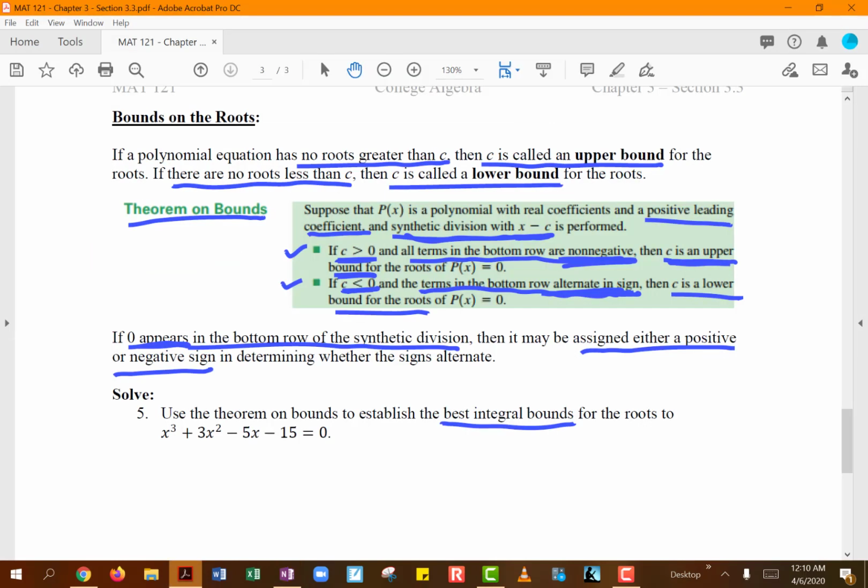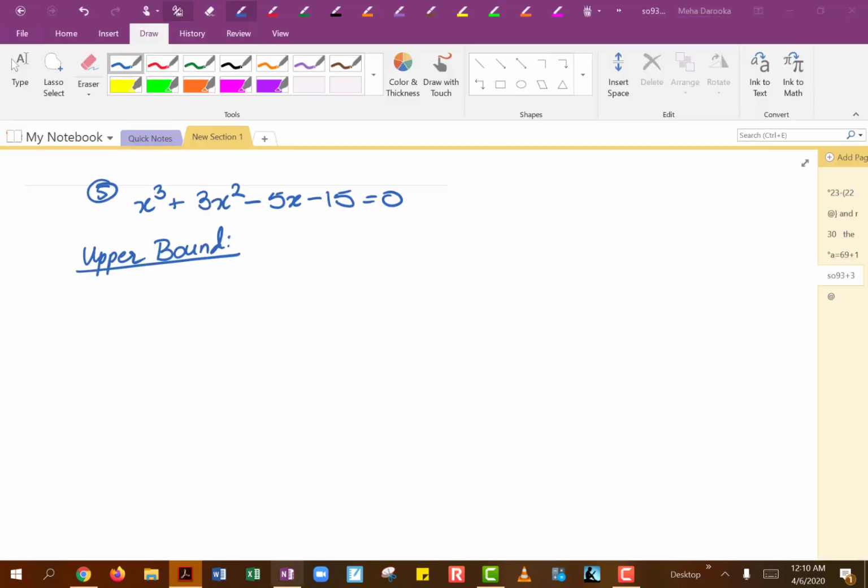And remember, for the upper bound, you have to have all non-negatives in your bottom row. Non-negative means you can have 0 or positive numbers.